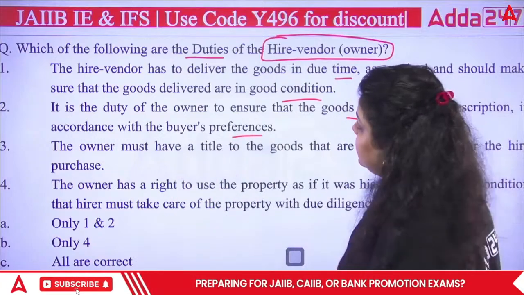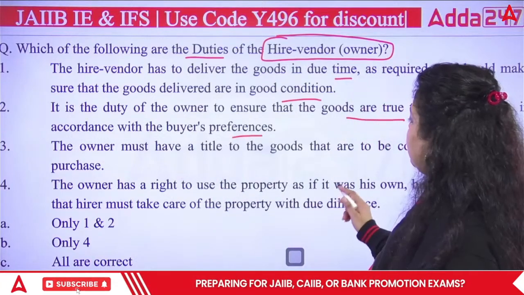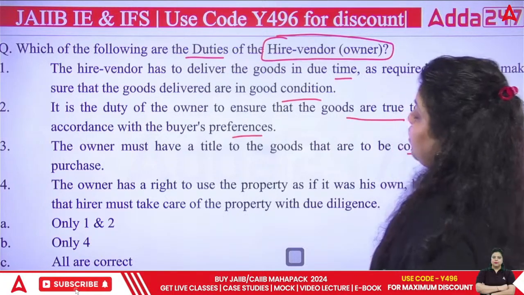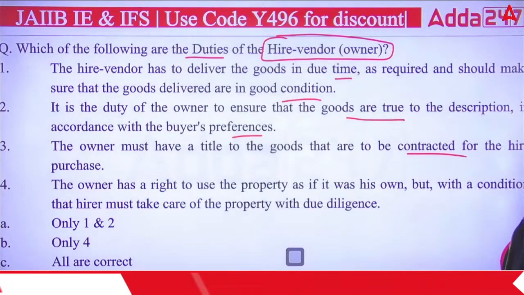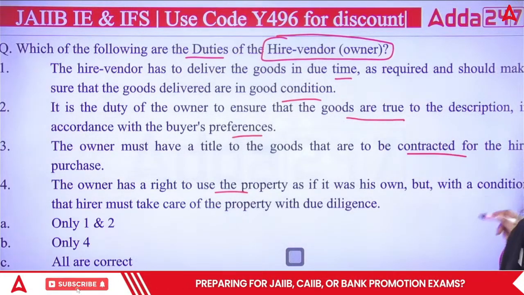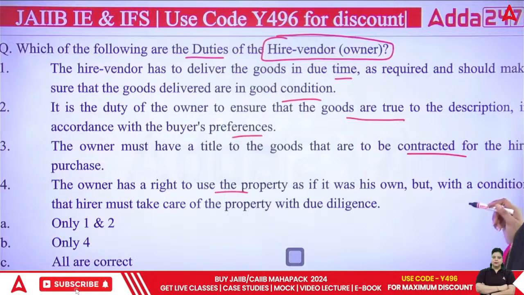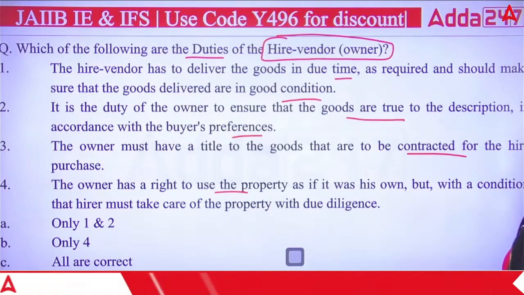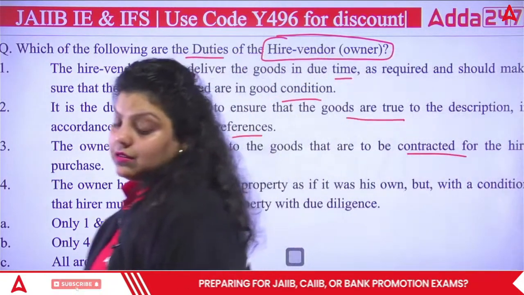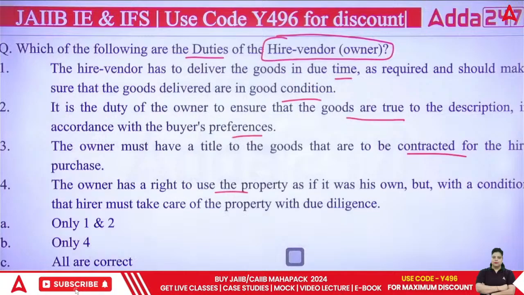Third is saying the owner must have a title to the goods that are to be contracted for the hire purchase. Fourth is saying the owner has the right to use the property as if it was his own, but with a condition that the hirer must take care of the property with due diligence. So which of the following are the duties of the hire vendor, that's the owner of the property?